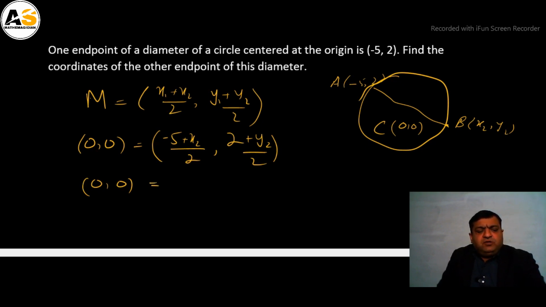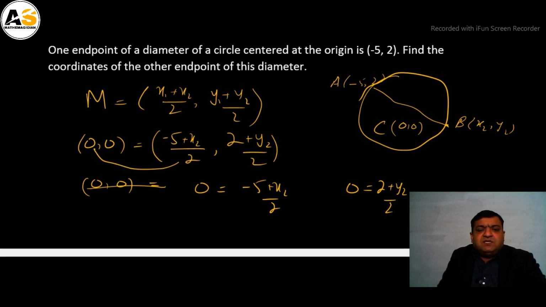From here we can conclude that 0 is equal to (-5 plus x2) over 2 and 0 is equal to (2 plus y2) over 2. That is, we are comparing this with this 0 and this with this 0. 2 points are equal if their x coordinates and y coordinates are equal.